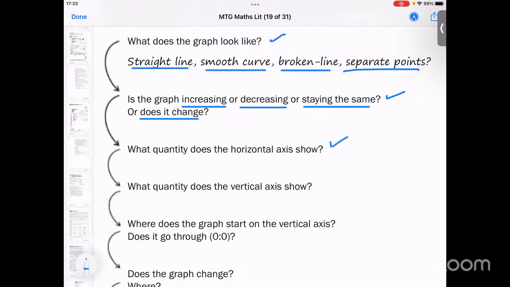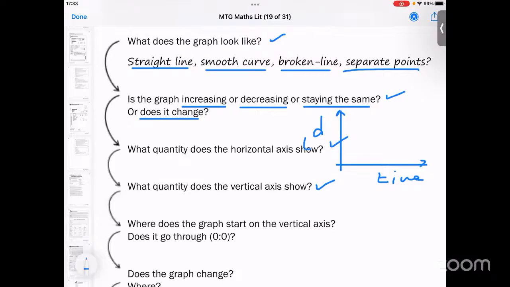Again, what quantity does the horizontal axis show? Normally, this would be the x-axis. So you might find a graph being like that. Normally, you might find that being the time, or whatever the case may be. And then here, what quantity does the vertical axis show? The vertical axis, normally, is the y-axis, and in that example, you might find that here we have the distance.